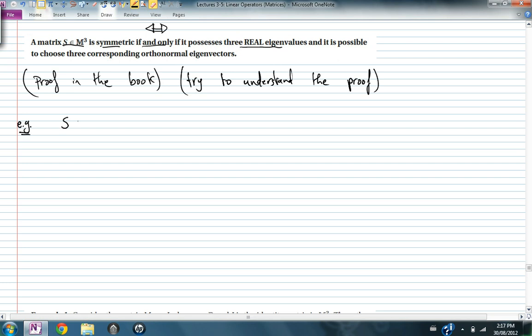S belongs to the space of 2 by 2 matrices. S is symmetric, which means S has this form: S11, S22, S12, S12.